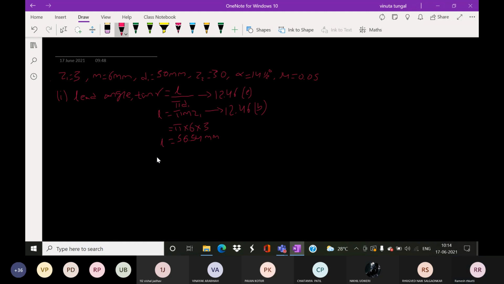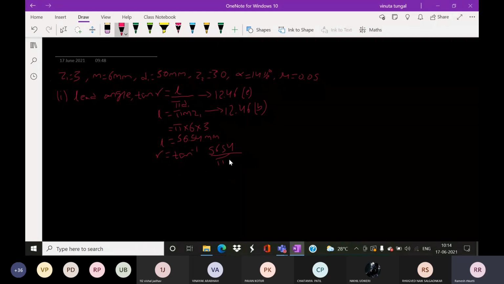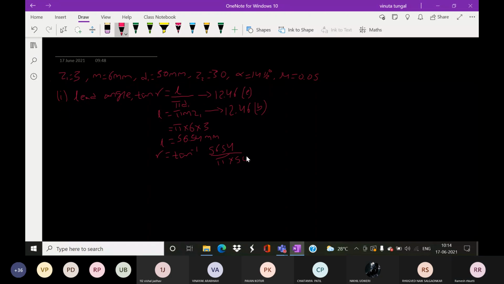Therefore, gamma is equal to tan inverse of L, 56.54, divided by pi d1. The d1 is given, it is 50. From this, you are going to get gamma.